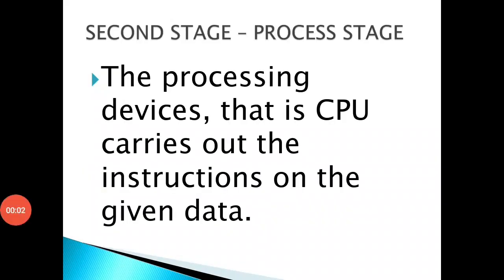The second stage is the process stage. The processing device, that is the CPU, carries out the instruction on the given data. The input stage gives the instruction that will be carried out in the process stage.